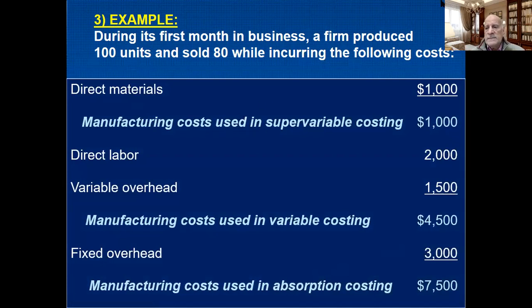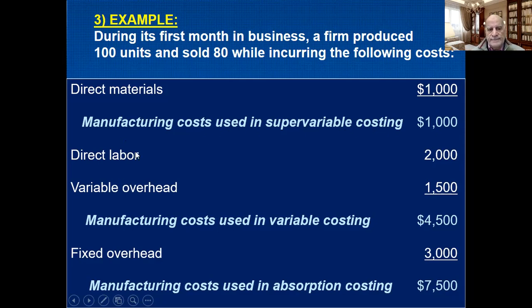Direct materials, assumed to be $1,000. This item is called manufacturing costs used in super variable costing.